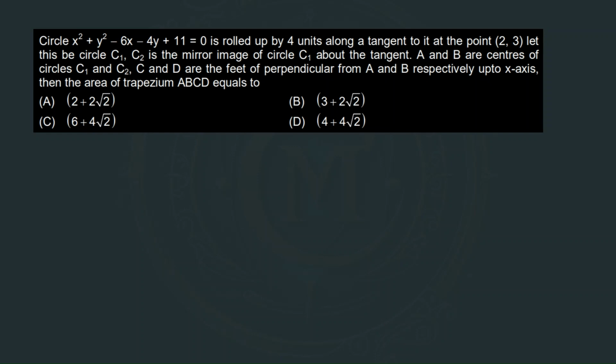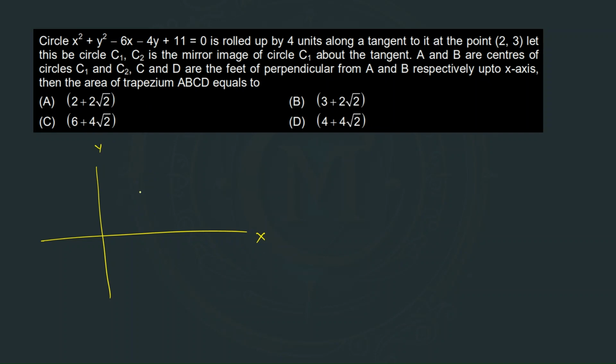It says this circle is rolled up by 4 units along a tangent to it at the point (2, 3). Okay, so we try to draw the diagram one by one. This is a given circle whose center is (3, 2). Here is our coordinate axis.